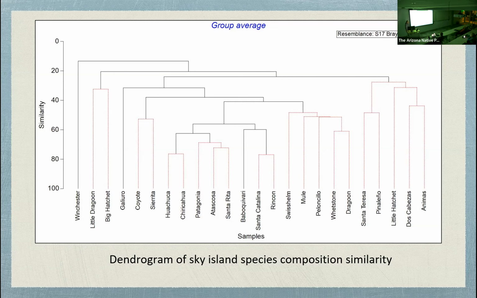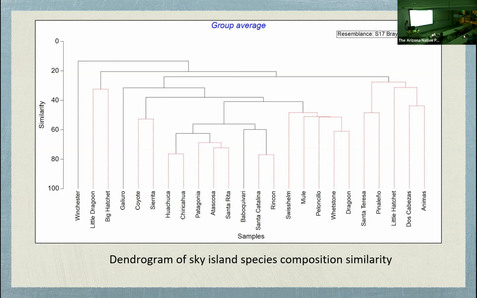You can see on these trees where there are 2 branches for some of these, for instance, we have Huachuca and Chiricahua. If you look to the left, they are really similar. So the subtropical species composition is about 76% similar in Huachuca and Chiricahua. That's kind of what you're looking at in this chart.